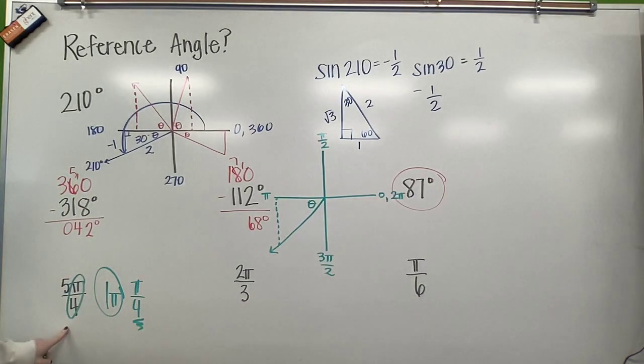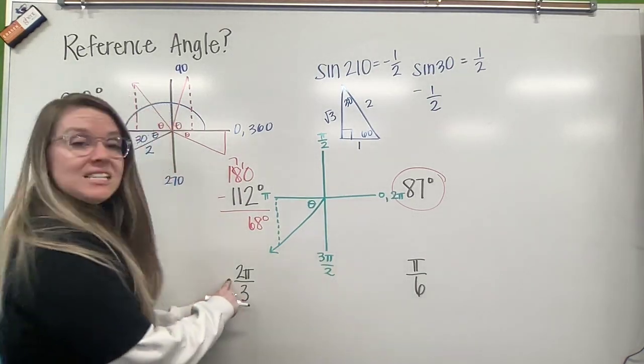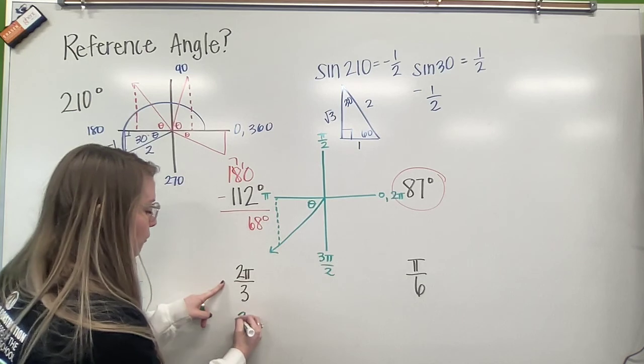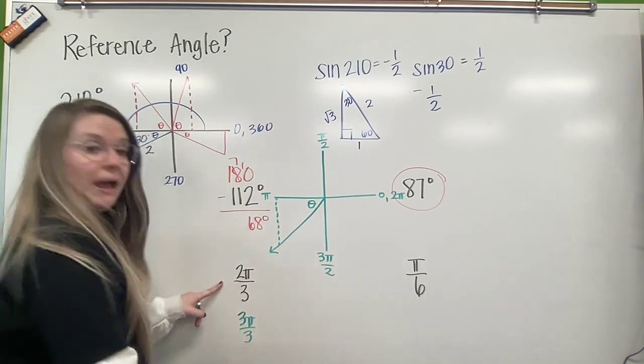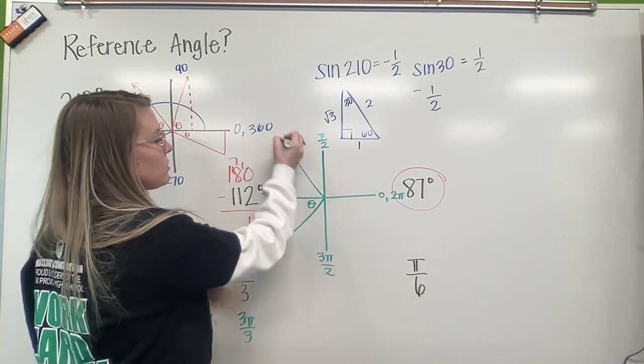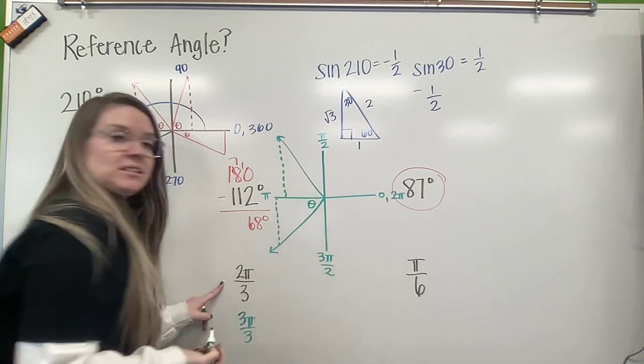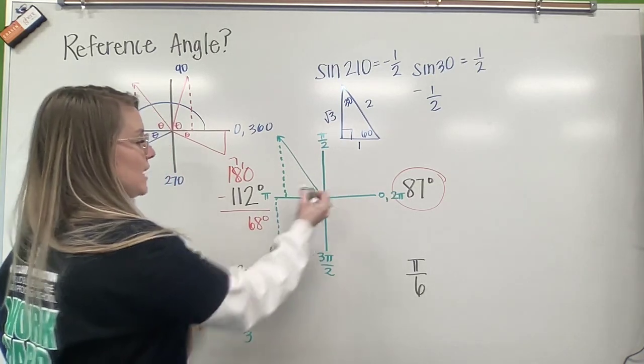So 5 pi over 4, my reference angle is pi over 4. 2 pi over 3, it's not quite a full pi. A full pi would be 3 pi over 3 to get 1 pi, right? It's somewhere around here. We refer back to our x-axis. We're going to get our reference angle.